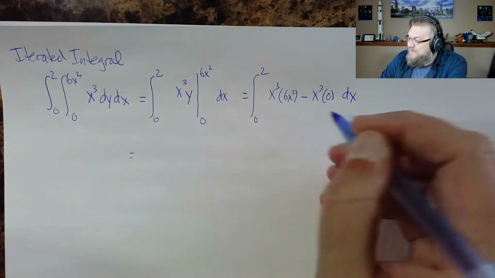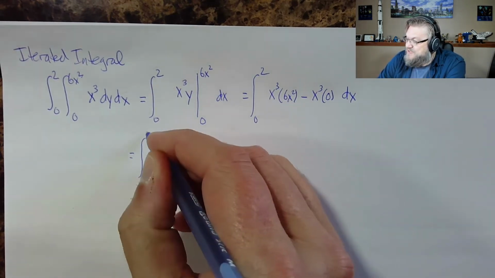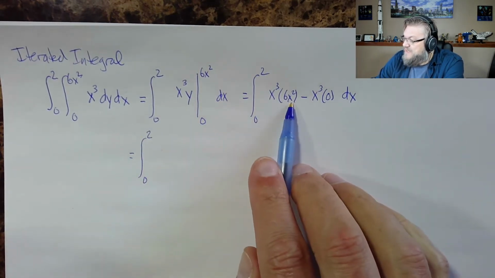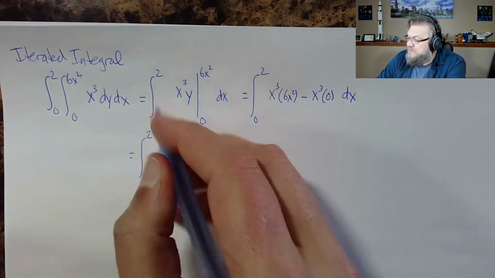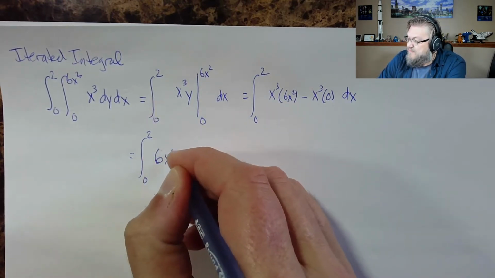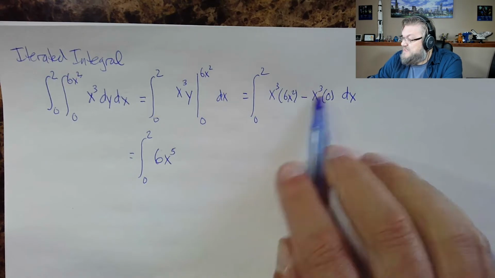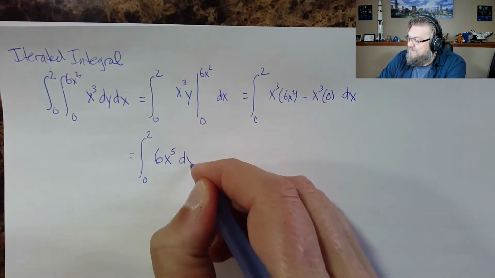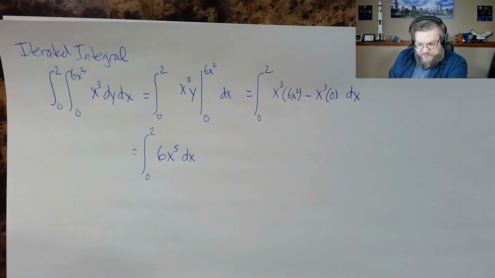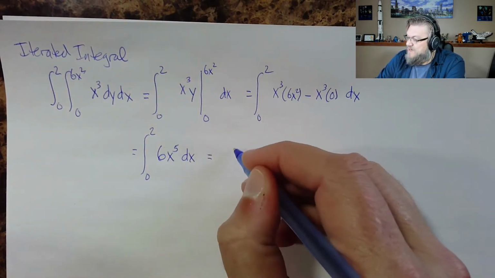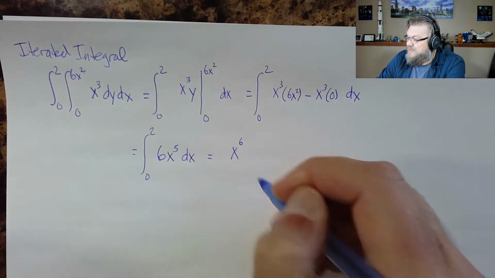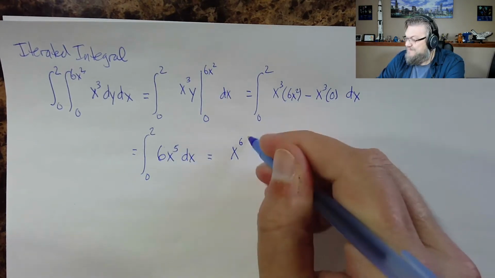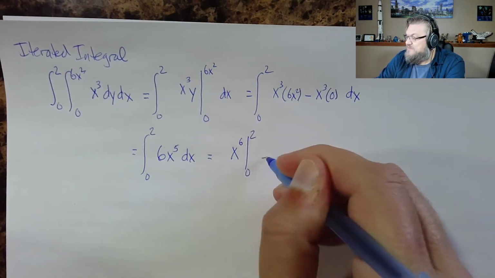All right, now I can simplify a little bit. This is going to be the integral from 0 to 2 of 6x squared times x cubed, which is 6x to the 5th, and then minus nothing. And so now I'm just left with this integral. This is going to be what? Raise the power by 1, divide by the new power, and the 6's will cancel, evaluated from 0 to 2.